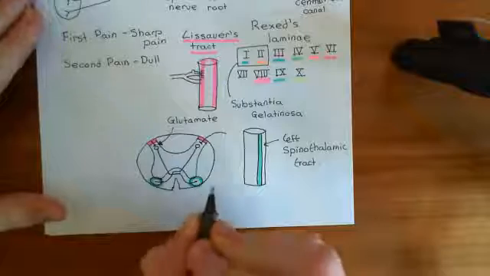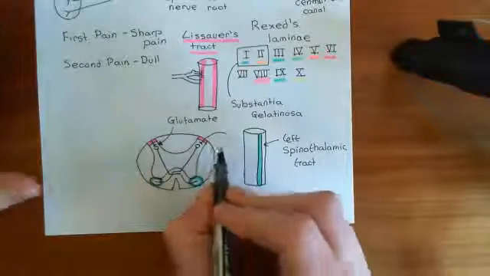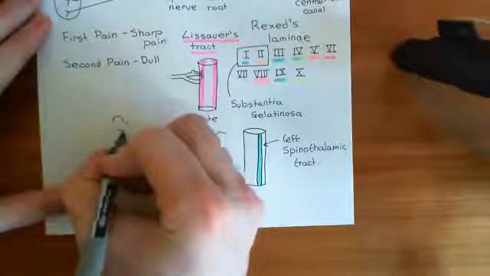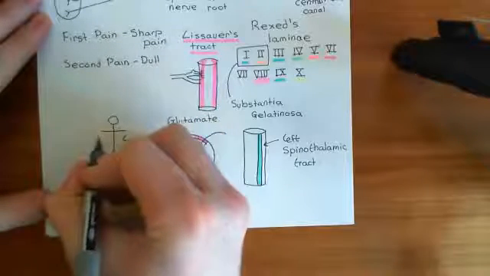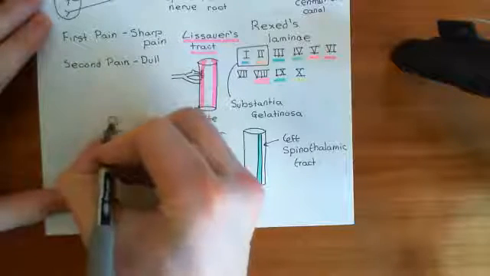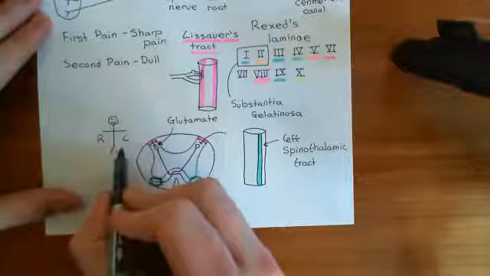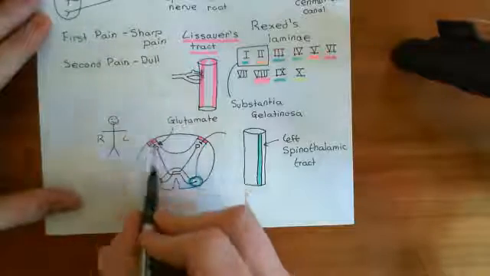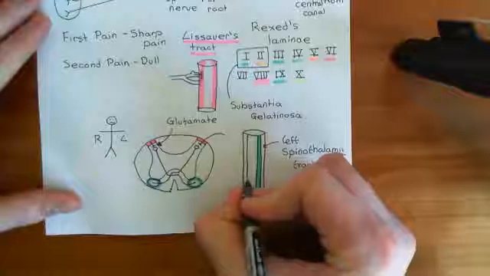So this is important to understand. The pain neurons from the left-hand side of your body, so if I just draw a little picture of this, if this is you, this is your left-hand side here, this is your right-hand side, so you're facing towards us. Basically, the pain neurons from the left-hand side of your body will be ascending on the right-hand side of your spinal cord in the right spinothalamic tract, which I'll put here.